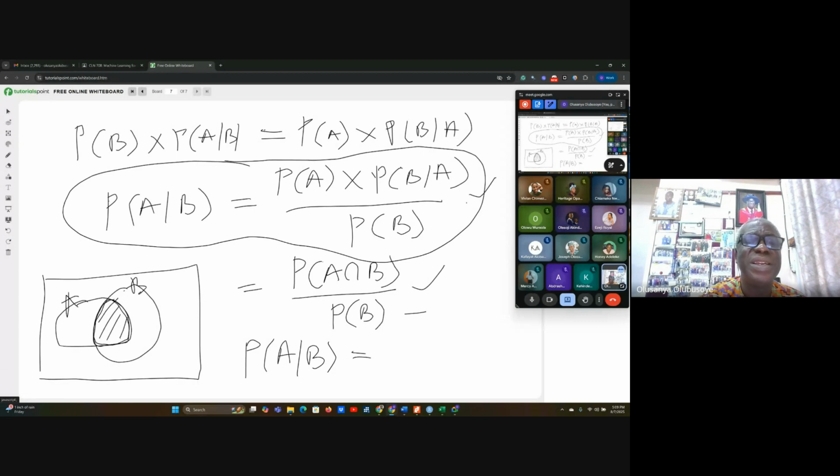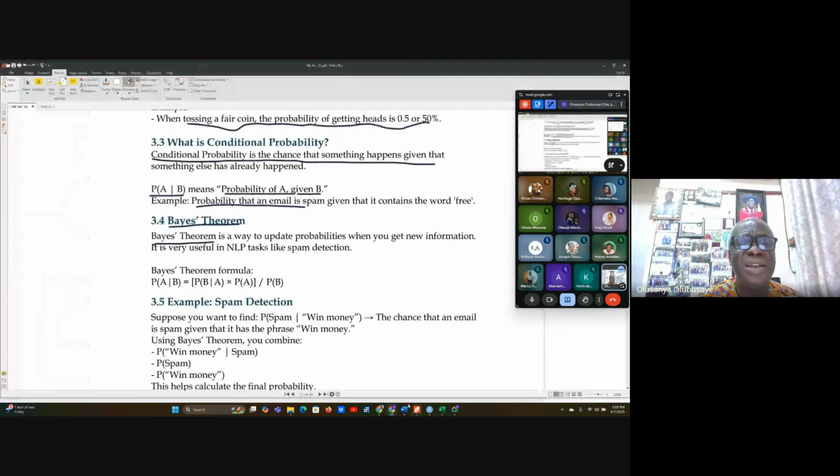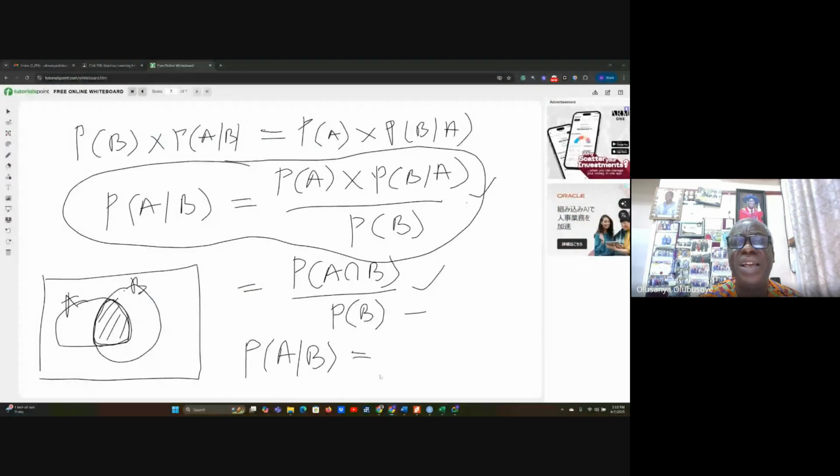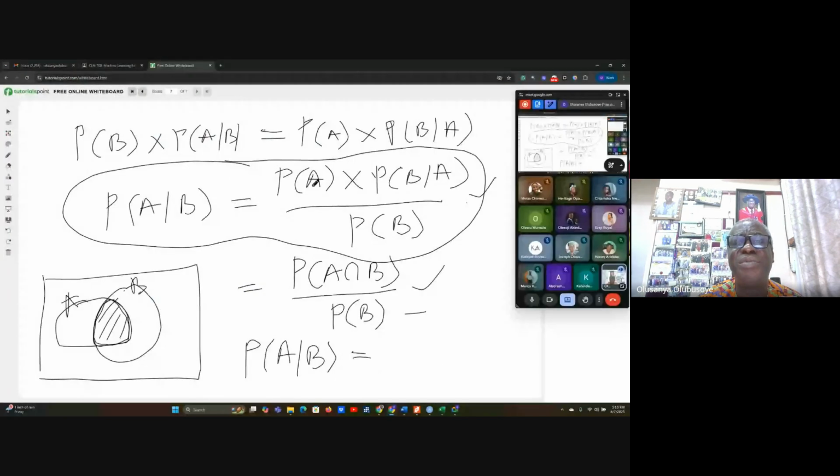So this expression, as I've said, is the Bayes theorem. So this is what is given here. The Bayes theorem says the probability of A given B is the probability of B given A times probability of A. Of course, what you see here is that I actually started with probability of A, but it doesn't matter because you are multiplying.